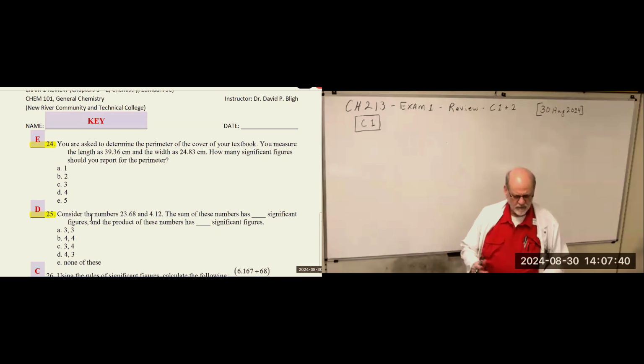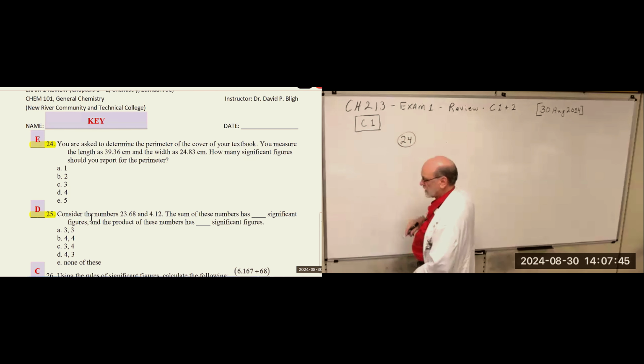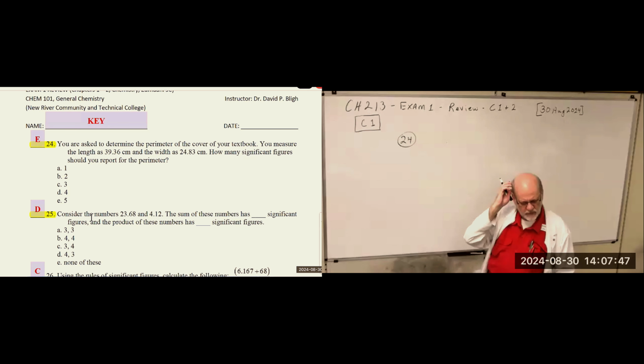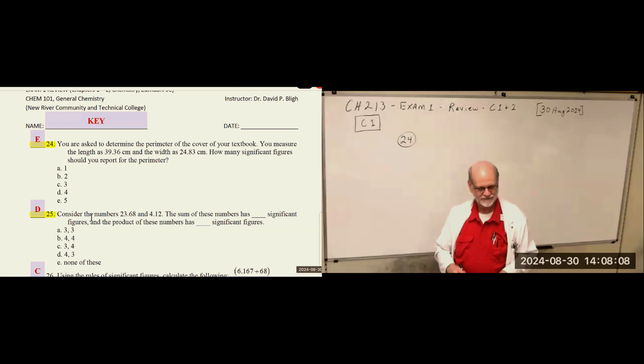Okay, 24. You're asked to determine the perimeter of the cover of your textbook. You measure the length at 39.36 centimeters. That is one huge textbook. Forty of them would be, that's a big textbook. Must be an art class.